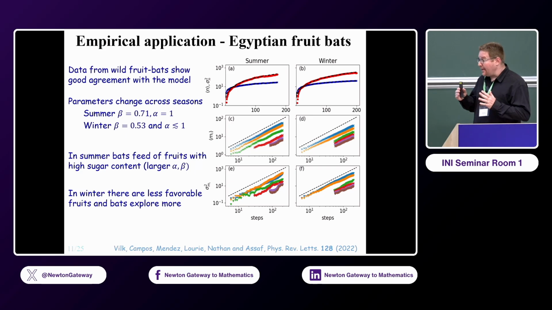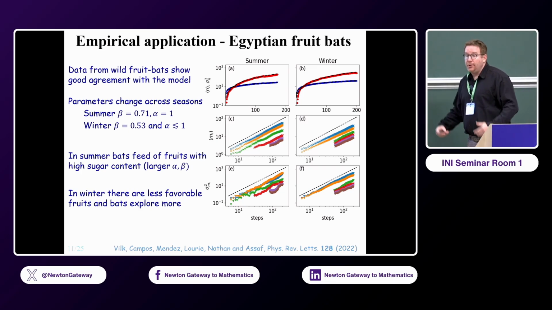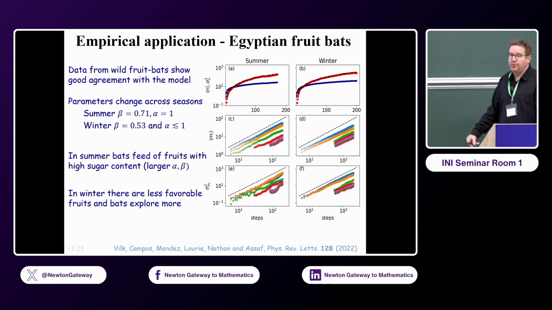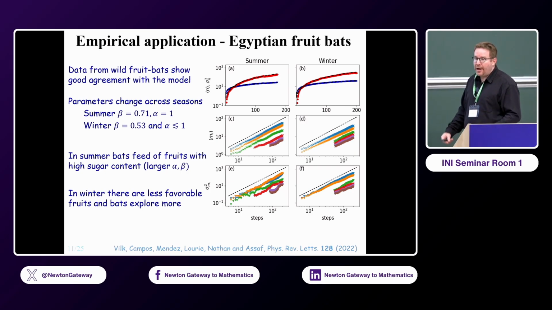But this is quite understandable because in the summer, the fruits have higher sugar content, so the bats need to look less for new trees, and each fruit is sufficient for a longer time, and so basically exploration diminishes during summer. So you see that once we fitted the mean, the standard deviation excellently agrees with the experimental data, indicating that the model is adequate, at least in this sense.